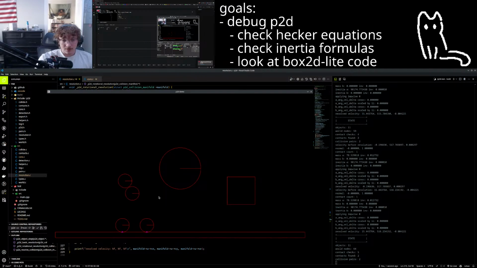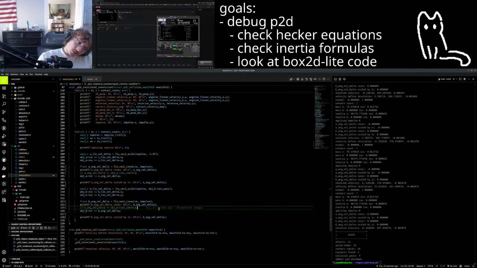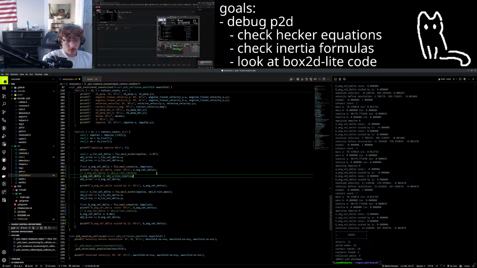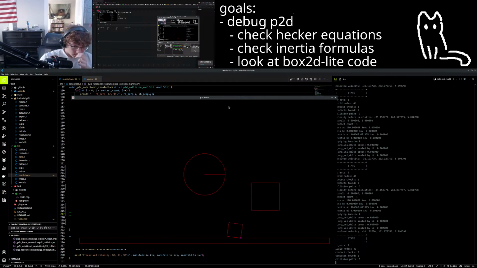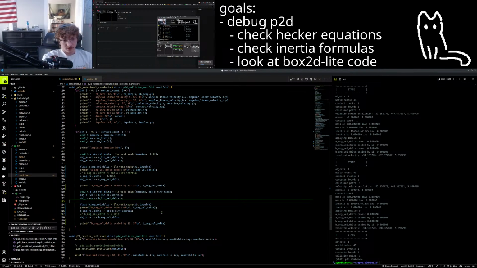So that's weird though. What if we scale by not the inverse inertia? We scale by something manual. It's probably not going to look good with our different sizes of shapes.